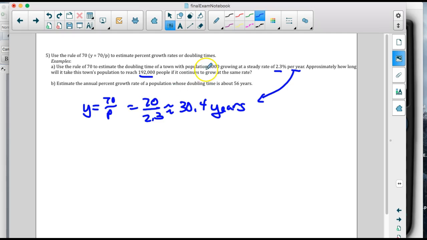Starting at 6,000, that is year 0. Year 1 would be 12,000. It would double, or actually year 30 basically. So not year 1, but 1 doubling.